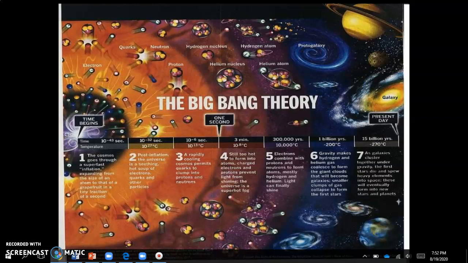And then finally, after about 300,000 years, we finally get electrons combining with protons and neutrons to form atoms. And atoms are the building block of matter, okay? It's going to take 1 billion years for gravity to make hydrogen and helium coalesce to form the giant clouds that will eventually become the galaxies. So the first part of the Big Bang takes no time at all, just 1 second, but then the formation of the actual galaxies that we see takes a long time.